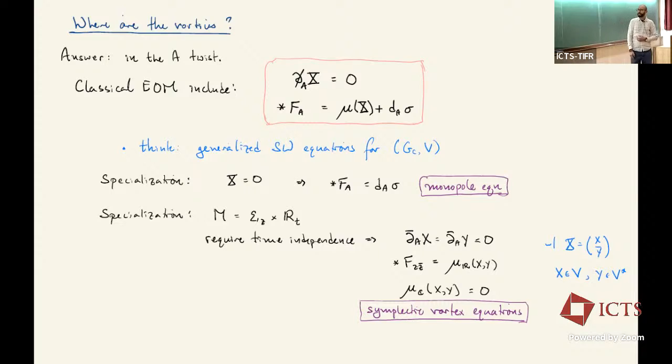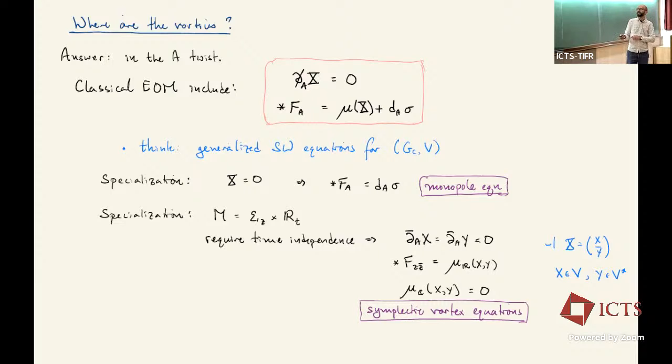Requiring time independence in a 3D Dirac equation just leads to holomorphic equations on a 2-dimensional slice. So, for all of this to make sense, if you choose the 3-manifold to be a complex surface times time, and you ask for time-independent solutions, then you get holomorphic equations along the surface.